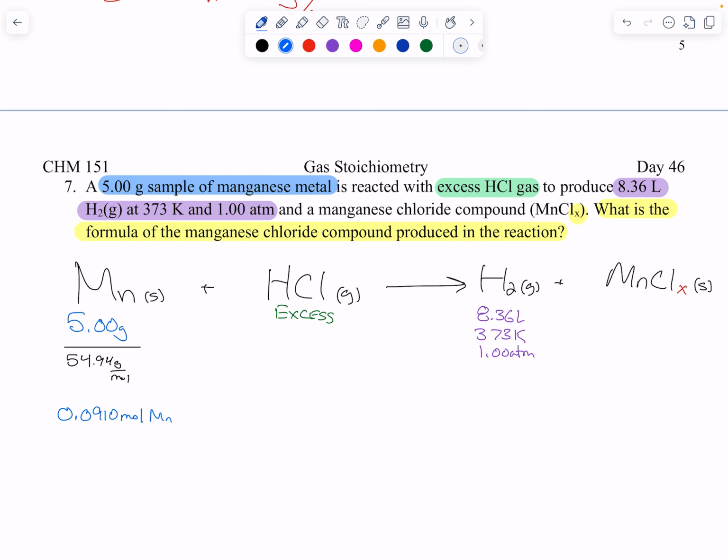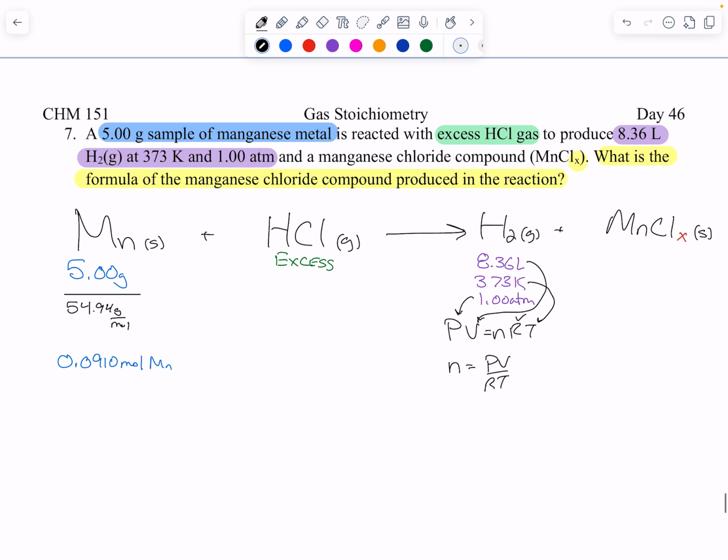Okay? And so if I know how much H2 is produced, I can use PV equals nRT. I know P, I know V, and I know T. And of course we know what R is. So I can figure out n. n is PV over RT.